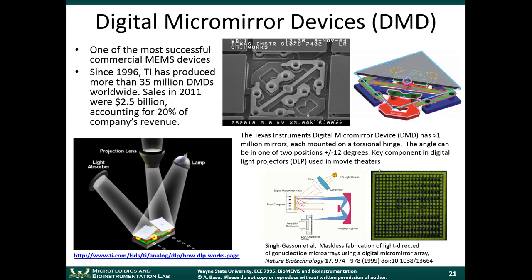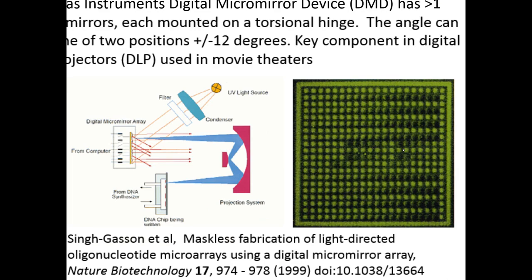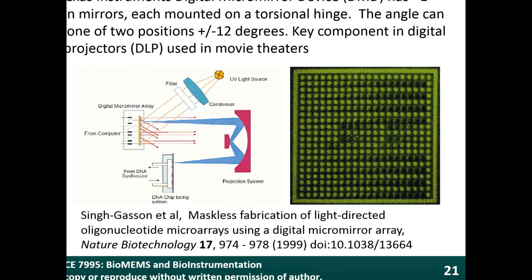This was an example where the micromirror device was actually used to make oligonucleotide microarrays, so DNA microarrays. As a part of the process of making this microarray, you actually have to shine light in specific spatial patterns onto the substrate.